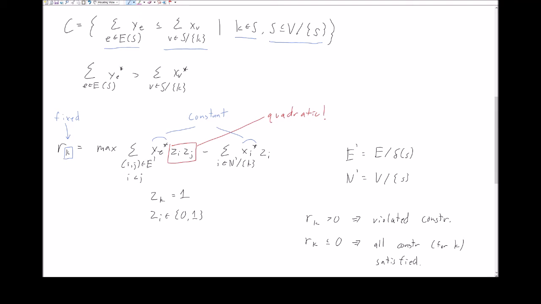In order to have a violated constraint, we'd like the sum of the y's to be greater than the sum of the xv's, with this k excluded, for this set S. Note here that ye star and xv star are both constants. This is the solution that's given to us as input. The variable that we'd like to optimize over here is actually the subset S. And so we're going to write a program that's going to find an S that will find either a violated constraint or verify that all these constraints are satisfied.